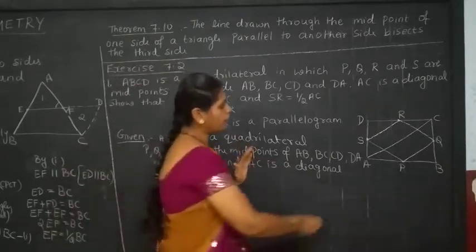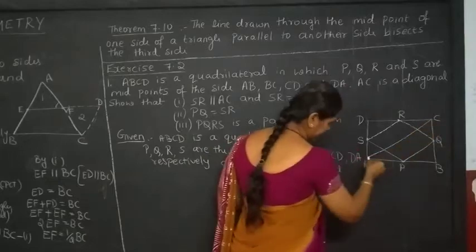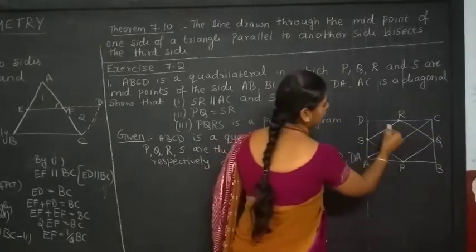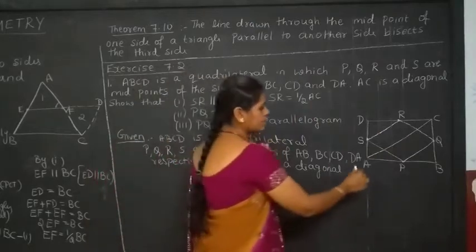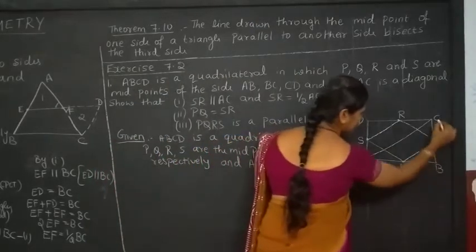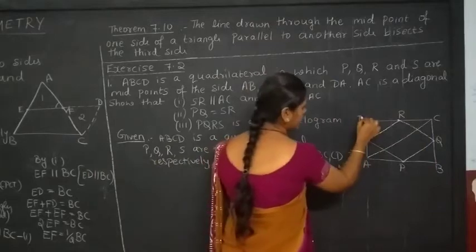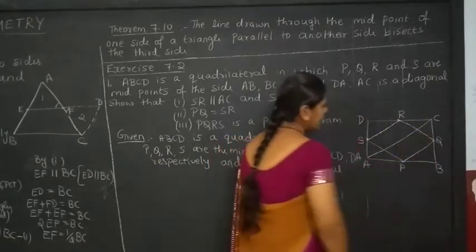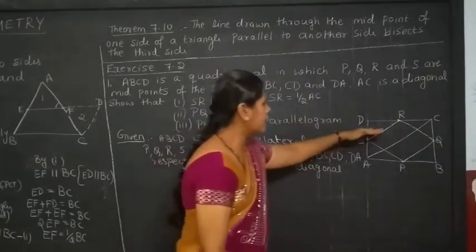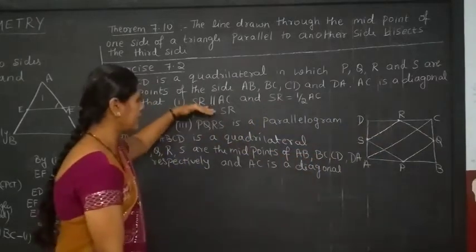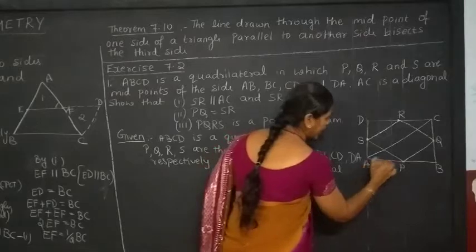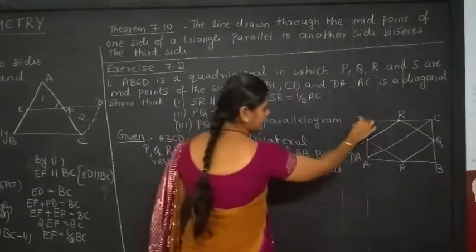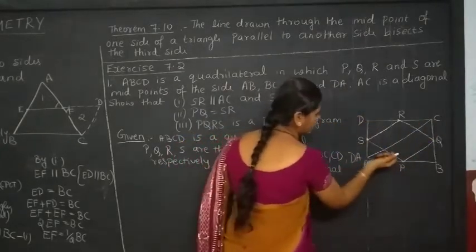Now see properly, whenever you join a diagonal, the quadrilateral is divided into two triangles. Which are the two triangles? One is ABC, another one is DAC. Now, first go to the upper triangle, because I want SR and AC. So go to triangle DAC. Only see this much.